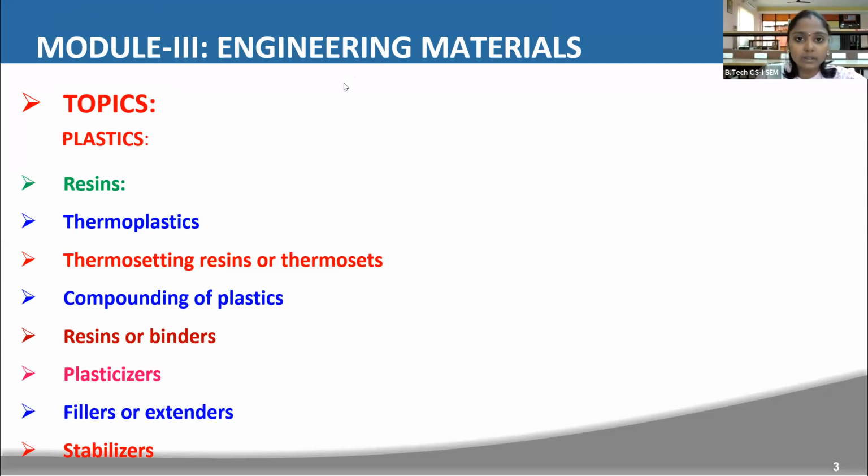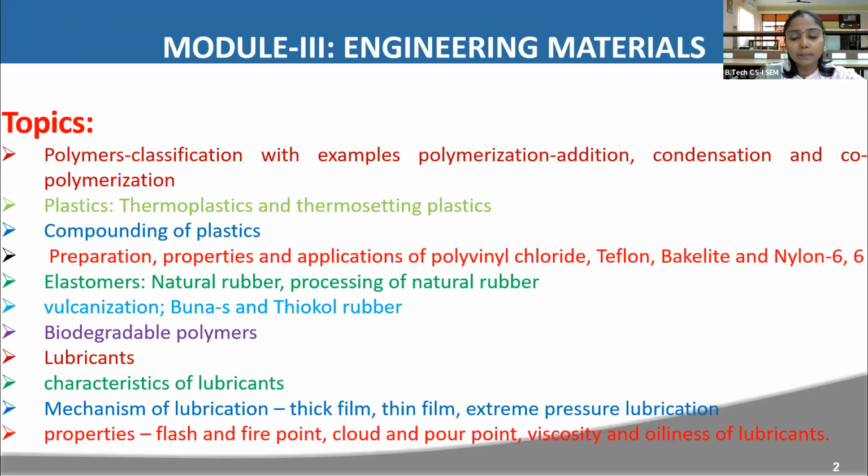Okay, listen. Plastics are a wide range of synthetic or semi-synthetic materials that use polymers as the main ingredient. Our module name is engineering materials. In polymers classification, yesterday we completed polymers classification. Today's topic is plastics.